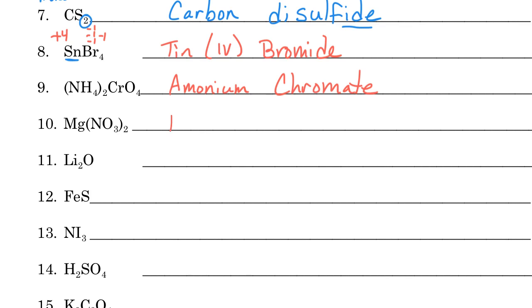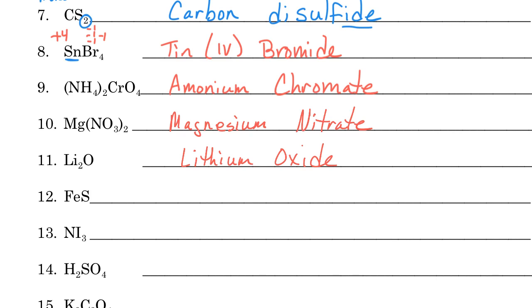There's no transition metals. Magnesium nitrate. Lithium's not a transitional metal, and neither is oxygen, so this is going to be lithium oxide.